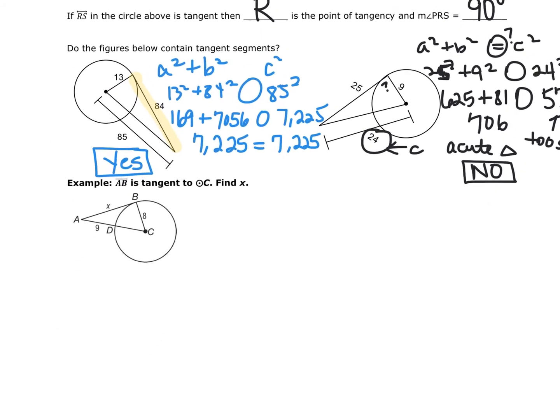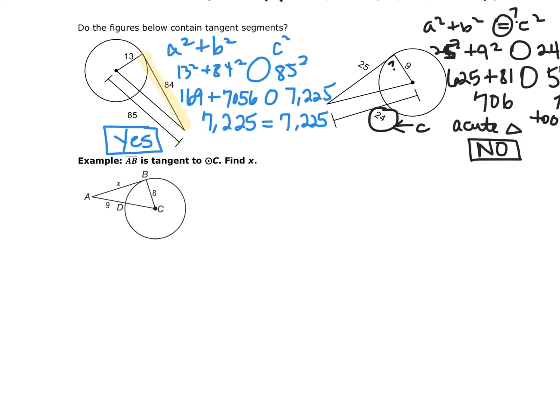One more type of question. If AB is tangent to circle C, then again this would be the right triangle, with the right angle at the point of tangency, and so 9 is our hypotenuse. So we have x squared plus 8 squared. AC is not 9, but AD is 9, and I know that this is the radius right here, so it's going to be the same as 8. So what is 9 plus 8?